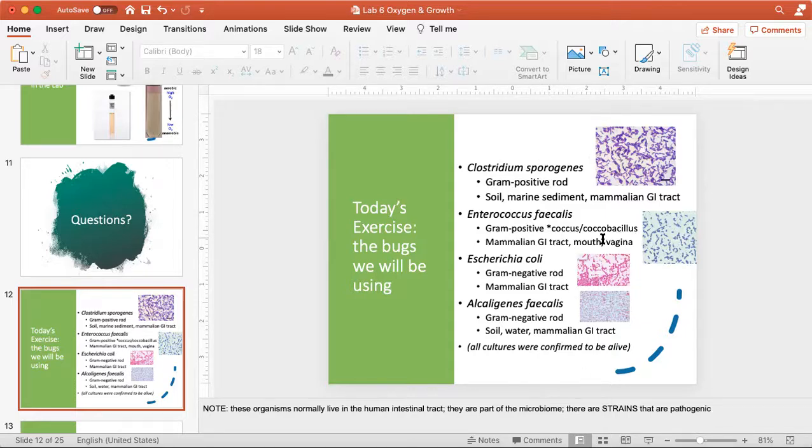So they are perfectly harmless most of the time. They're normal parts of our microbiome. But just like all bacteria, there are pathogenic strains of these organisms. So yes, you will find E. coli, you will find Enterococcus in the intestine normally, but there are some strains of these bacteria that are pathogenic.